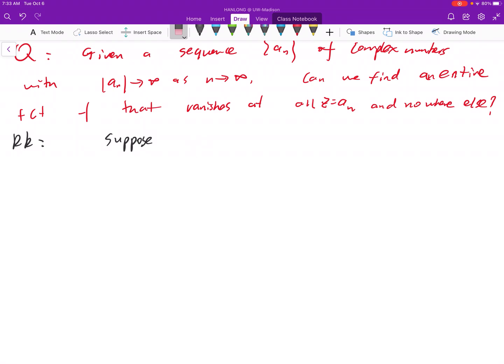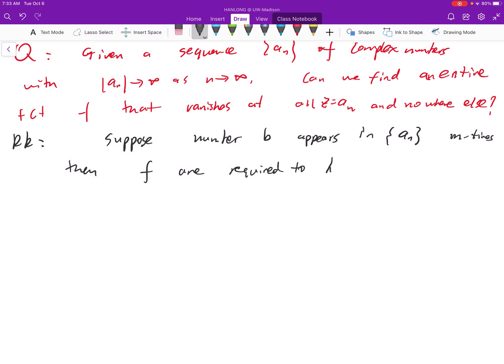point b, suppose number b appears in the sequence m times, then f is required to vanish at z equals b to order m.